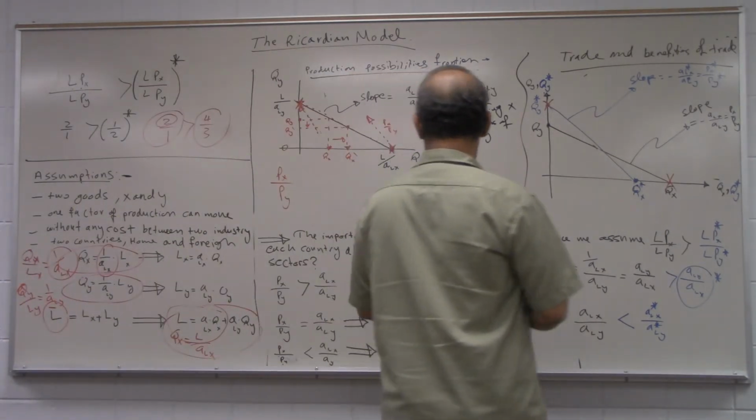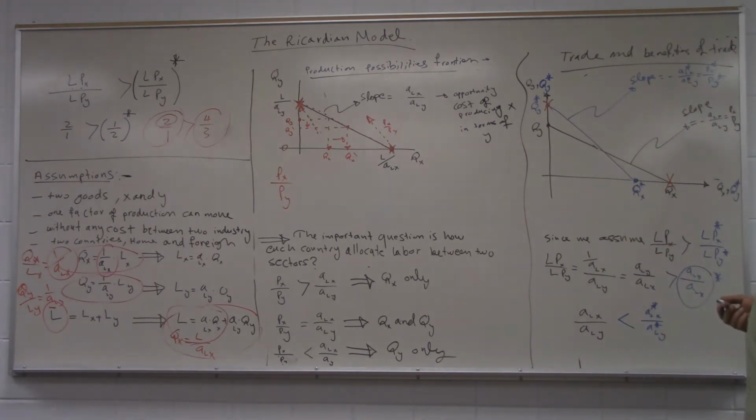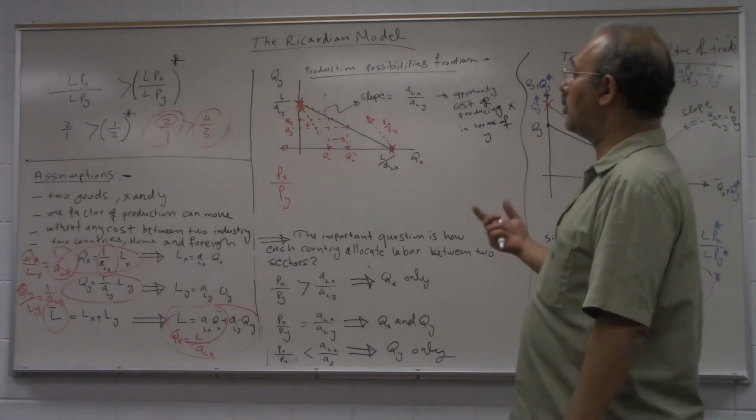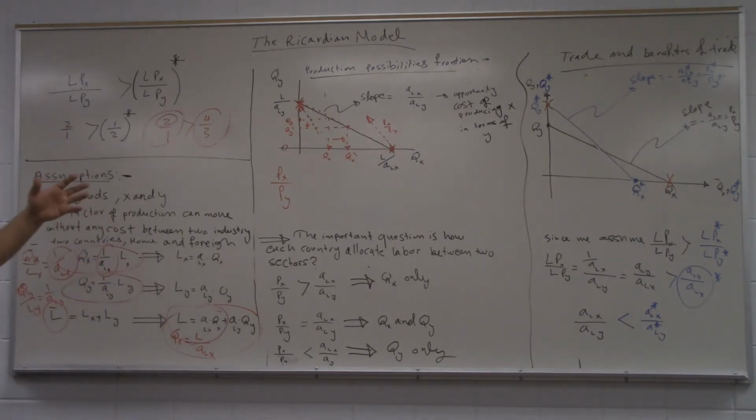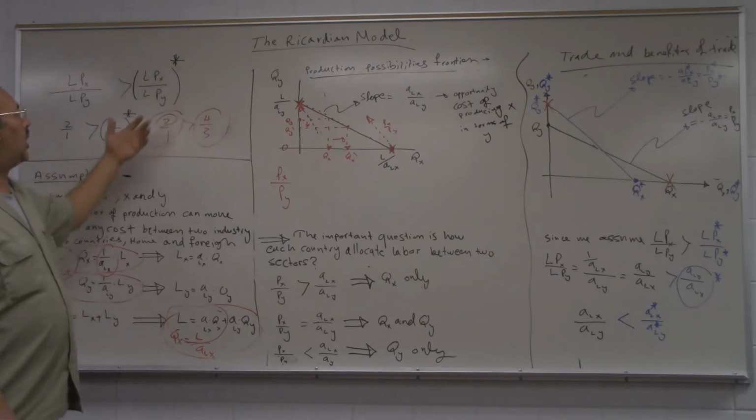In this example, we imagine there are two countries, home country and foreign country. We have assumed that the home country has comparative advantage in producing good X, because the ratio of labor productivity in good X to labor productivity in good Y in the home country is higher than this ratio in the foreign country.